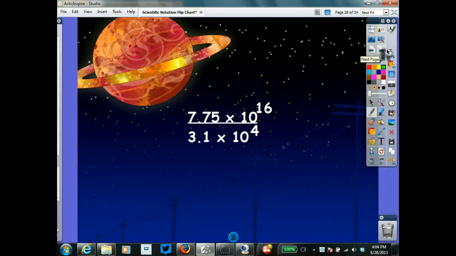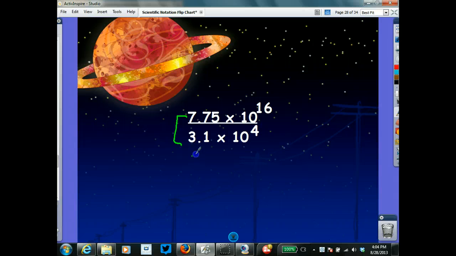Alright, here's another example. 7.75 times 10 to the 16th divided by 3.1 times 10 to the 4th. So in this case, when you divide, I'm just giving you time to work it out before I do.